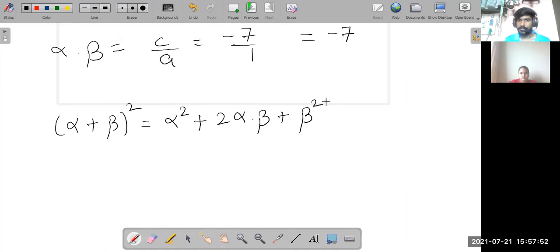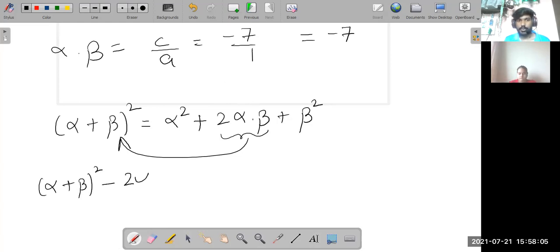Now take this plus 2 alpha beta to the other side. So this will become alpha plus beta whole bracket square minus 2 alpha beta, and the remaining thing write as it is, alpha square plus beta square. Did you understand this?